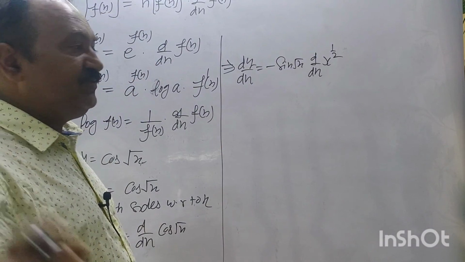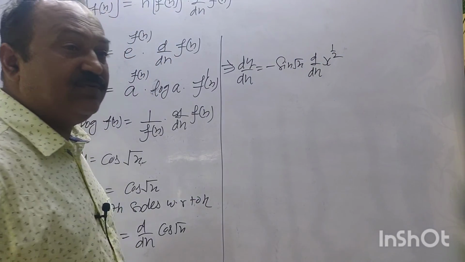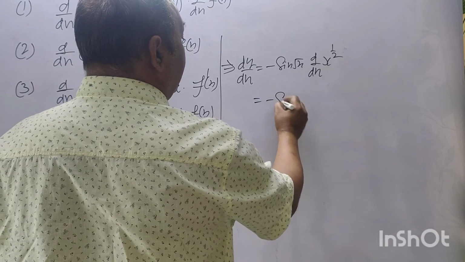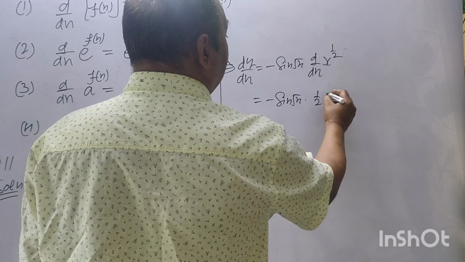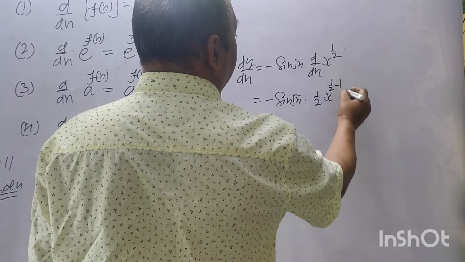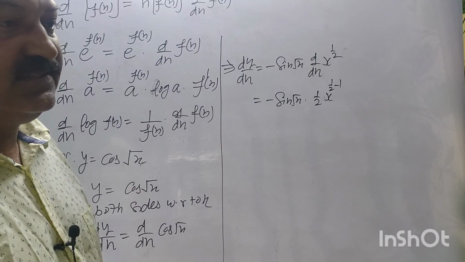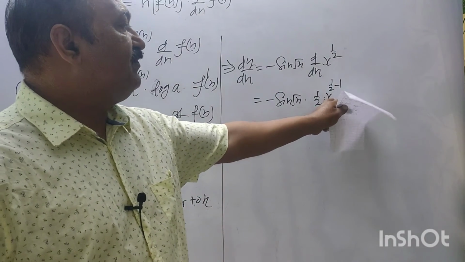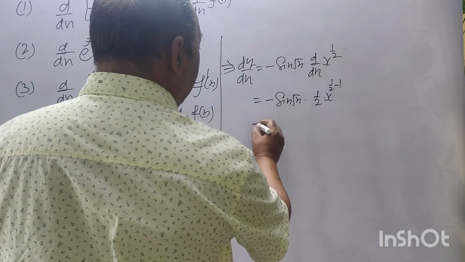Now चेन अभी समाप्त नहीं हुई है, अब इसका दोबारा डेरिवेटिव लेना है x की पावर 1 by 2. बेसिक फार्मूला इज x की पावर n. Minus sine of under root x into 1 by 2 into x की power 1 by 2 minus 1. No need to write the derivative of further x because derivative of x is 1. n into x की power n minus 1, ये फार्मूला यहाँ पे अप्लाई हुआ.